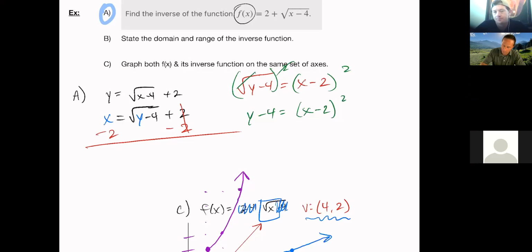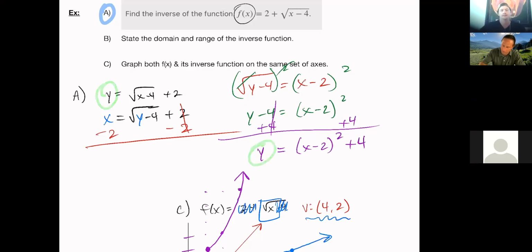And then my last step would be to add 4. And instead of putting y equals here and y equals there, or f of x and f of x, I'm going to rewrite this to let you know that, you know what, this is actually the inverse of my original function.